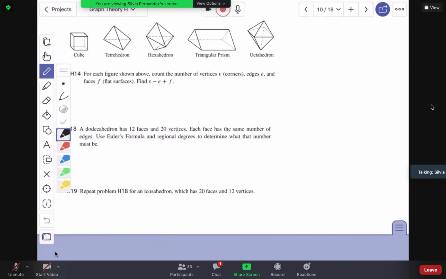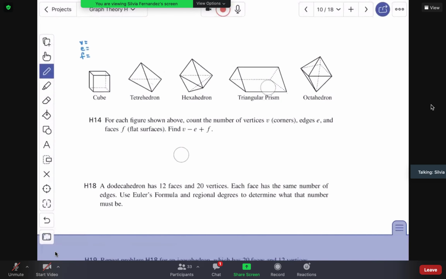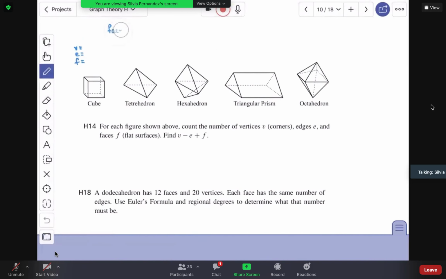So, for example, here, you can compute the number of vertices, number of edges, and number of faces instead of regions, when you are working with polyhedra.